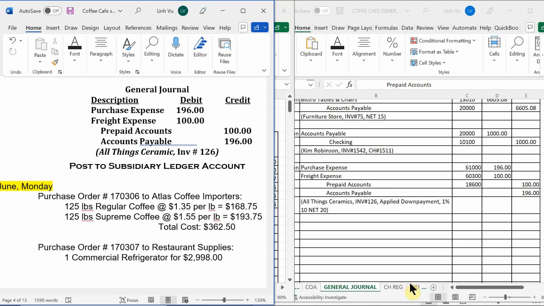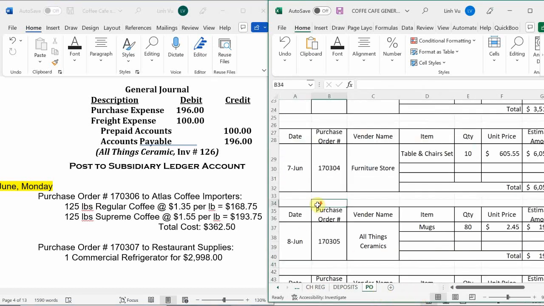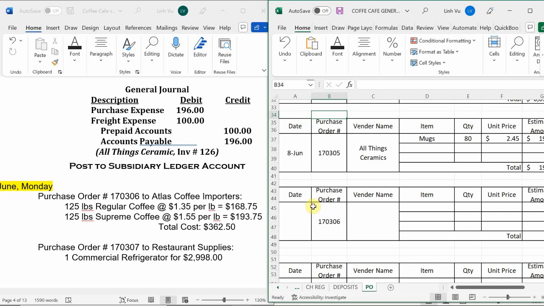So once again, I'm going to plug that into my purchase orders. Purchase order number 306 for the first one. Today is the 6th. We're going to be ordering from Atlas Coffee Importers.